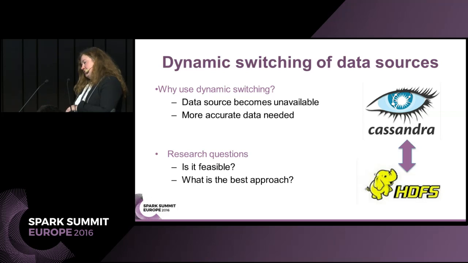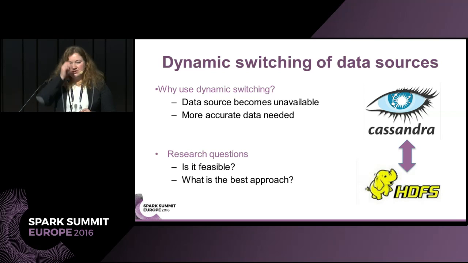Then we turned to another problem, data sources, because it's the second part of our check. Why do we need dynamic switching of data sources? For example, our database could become unavailable because of the connection, because of server failure or whatever. So you may need to go to another backup system of the same database.